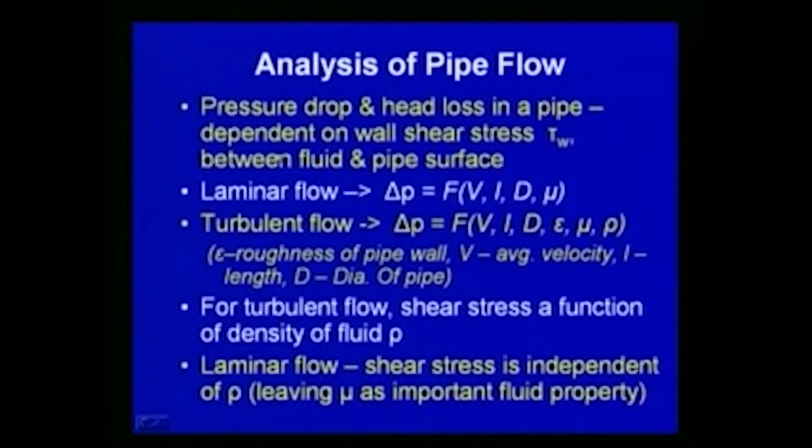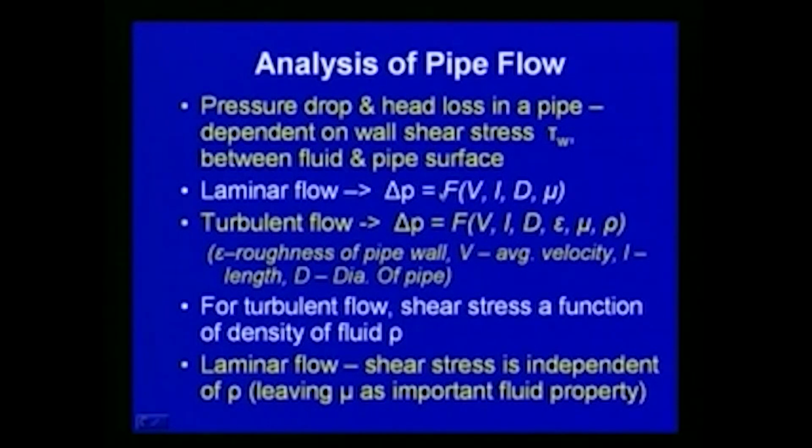We have already seen that the pressure drop and head loss in the pipe depend on the wall shear stress tau_w, the shear stress between the fluid and the pipe surface. We can do some dimensional analysis to see how the pressure drop and head loss develop in pipe flow.